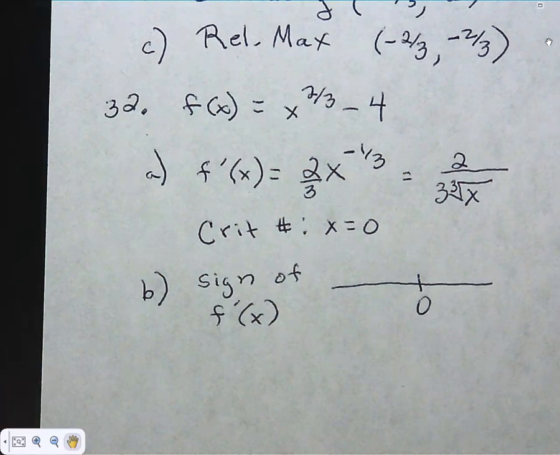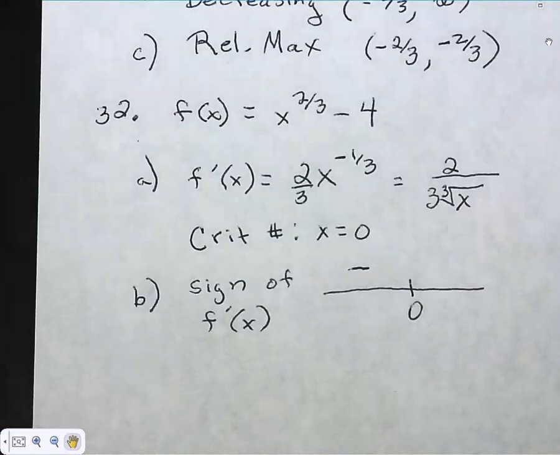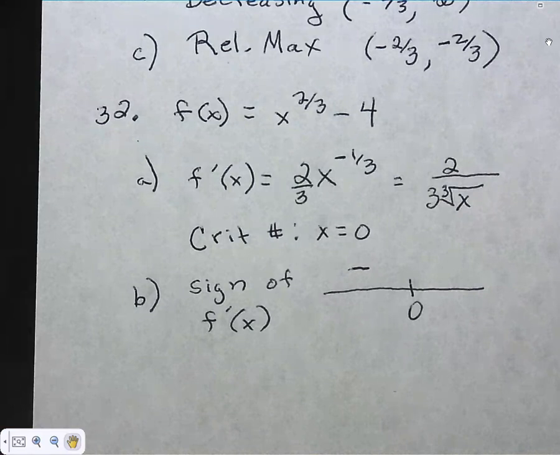If I let x be negative 8, I don't care about what the answer is. I only want to know if it's positive or negative. If x is negative 8, then what's the sign of the derivative? Cube root of a negative is a negative. 2/3 times a negative is a negative. So to the left of 0, the derivative is negative. Don't automatically assume that to the right of 0, it's going to be positive. It may not change signs there, but then again, it may.